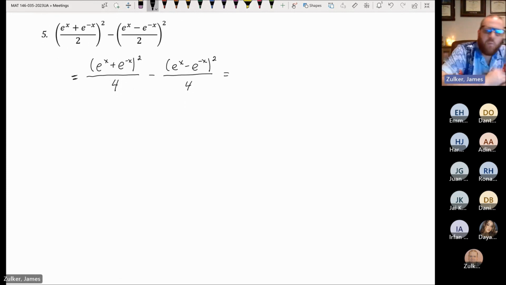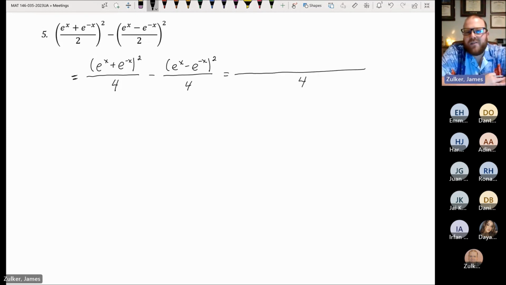And remember, since we have a common denominator, we can just subtract the two numerators. I'm going to expand out this first numerator here.